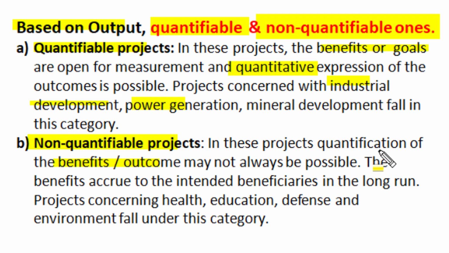In fact, the benefit of such non-quantifiable projects occurs to intended beneficiaries after a long time, and projects concerning health services, education activities, defense sector or environmental activities all fall under non-quantifiable type of projects.